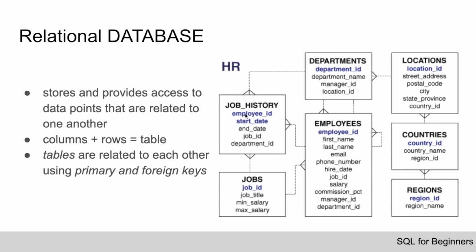They are related with each other with the help of a common key. In this case, this is the employee ID column. And let's look at another table just to give an example. So department ID.